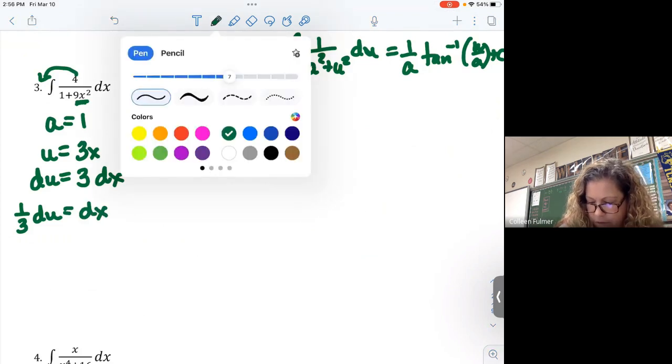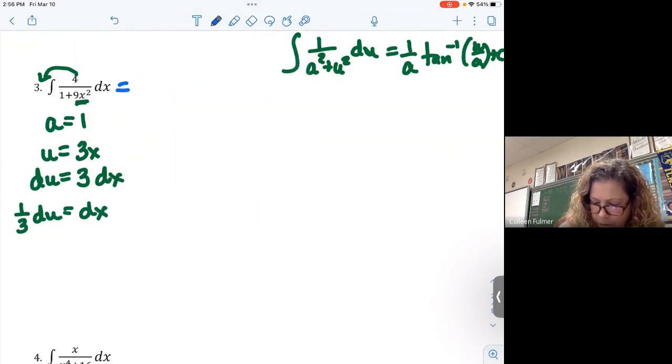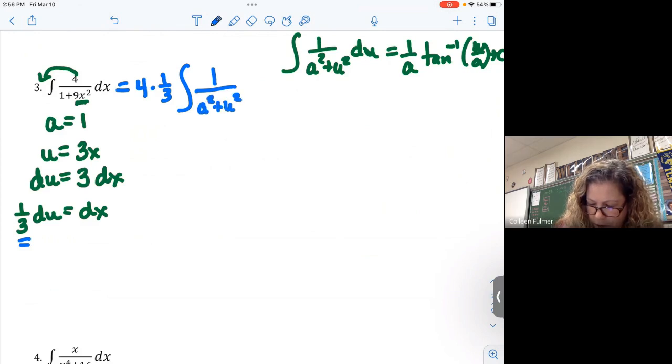And now I can rewrite this integral. I'm going to pull that 4 out in front. I have the 1/3 that I'm going to pull out in front. The integral of 1 over, because I pulled the 4 out, 1 plus 9 squared is really a squared plus u squared. And then my dx is resolved with the du. So now all I have left is to apply this formula. The 4/3 out in front is there.